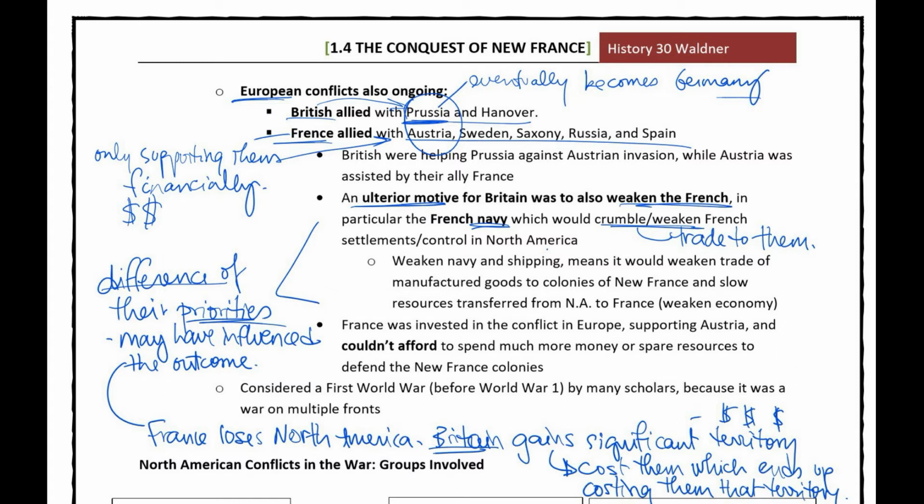And this is another example of that. So here's a difference of priorities, and you could write this down if you're not writing a lot of other stuff, because it's significant. It's a difference of their priorities, and it may have really influenced the outcome.